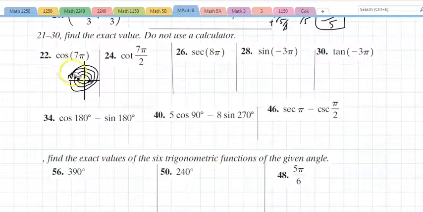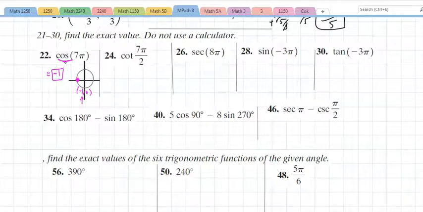Remember, all of these are unit circles. Doesn't that indicate that 7 pi is right here? And isn't this point negative 1, 0? What's the cosine? What's the x-axis associated with that point? Isn't that a negative 1?